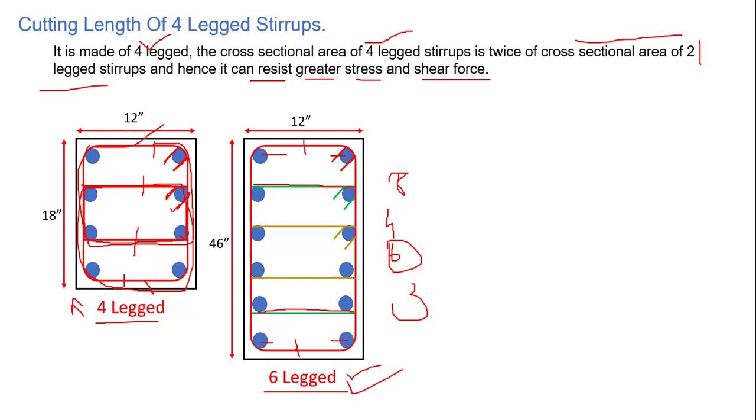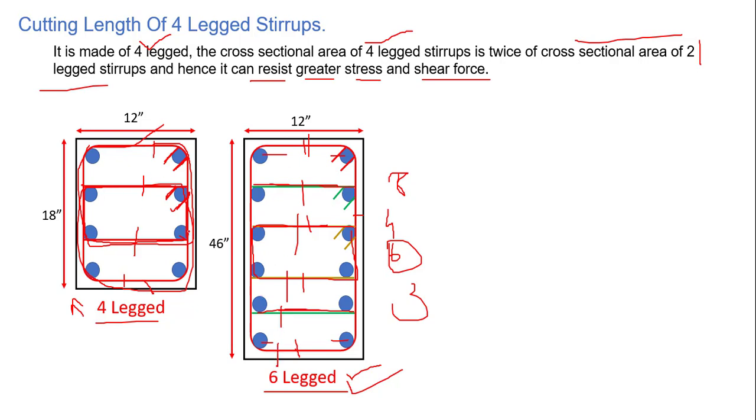It will be on top of this stirrup, and there will not be any spacing, remember this. Right from this position up to this position, the second one. And the third one, again on top of this, we will have this one. It starts right from this position and goes in this direction, and in this direction. So we have 3 stirrups over here. In some cases we have an 8-leg stirrup as well. This is 6-leg: 1 2 3 4 5 6.